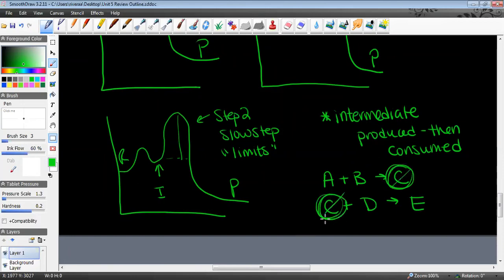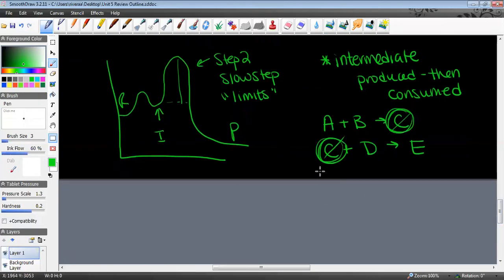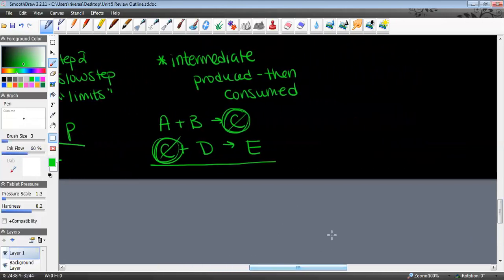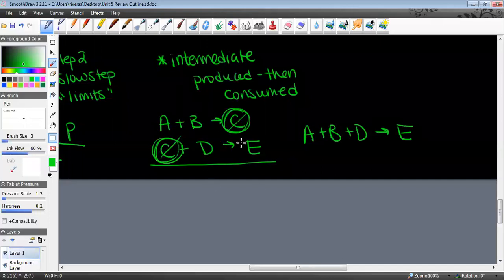So it would cancel out. And really my overall reaction, if I were to add up these two reactions, oh, I ran out of room. That's sad. My overall reaction would be A plus B plus D is making E. So if something gets produced and then consumed, it's an intermediate.